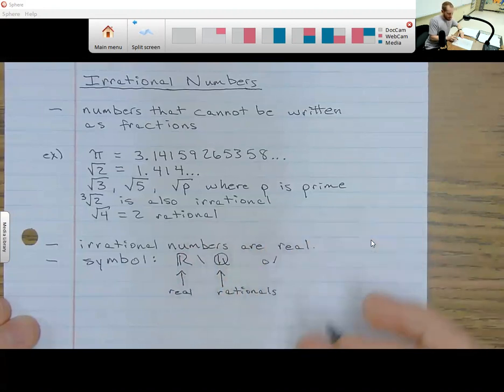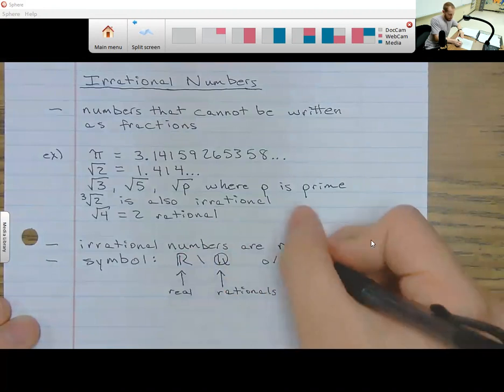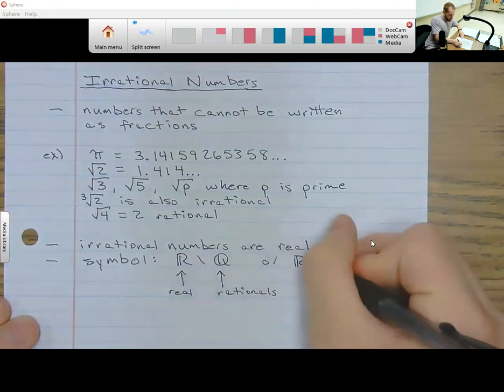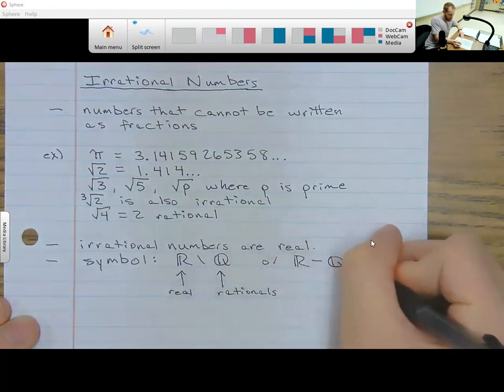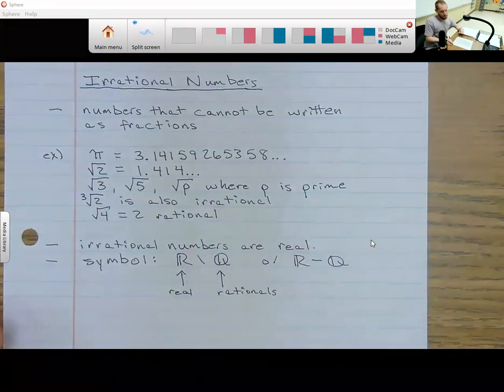So I can write it like this, where the real numbers take away the rationals, or I can write it like this: all the real numbers subtract away all the rationals. So I could basically write it either way.